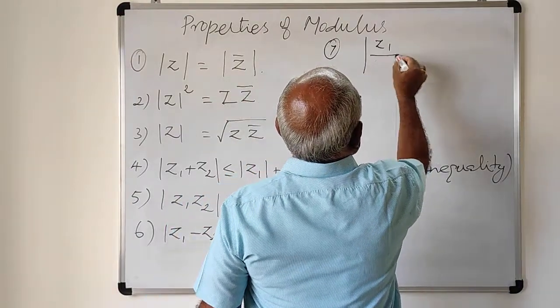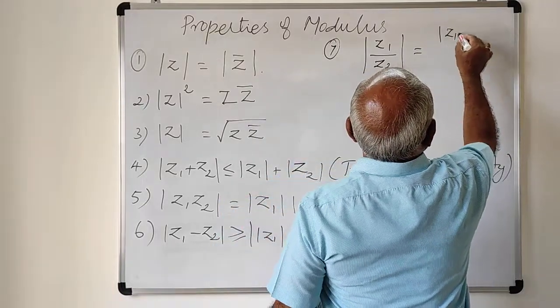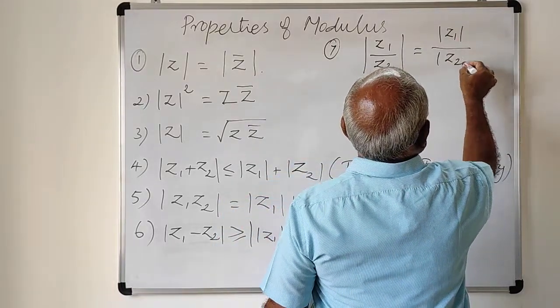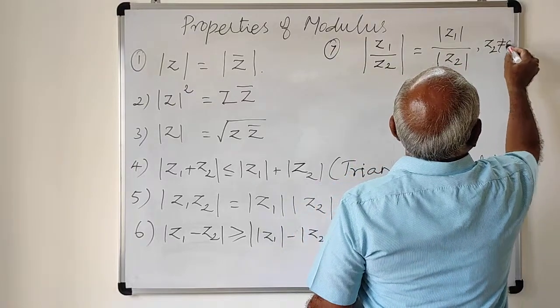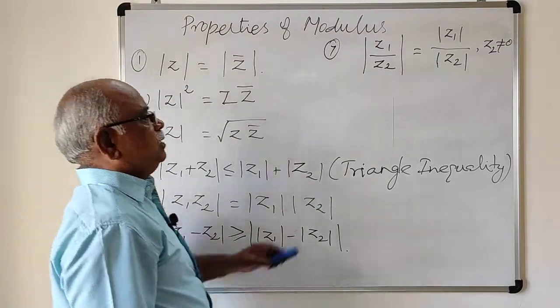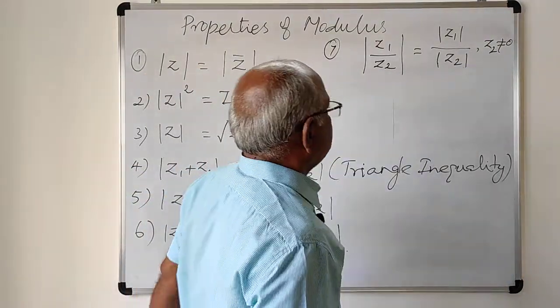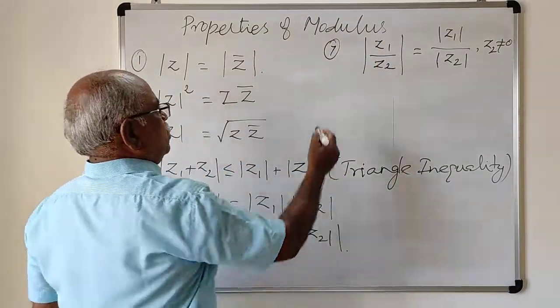Modulus of z1 by z2 is equal to modulus of z1 by modulus of z2, where z2 is not equal to 0. It should not be 0. Mod of z1 by z2 is equal to mod of z1 by mod of z2.